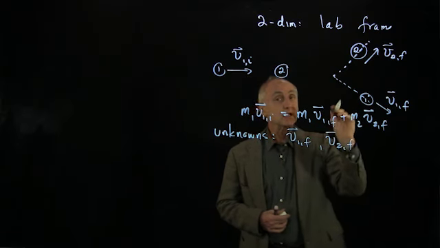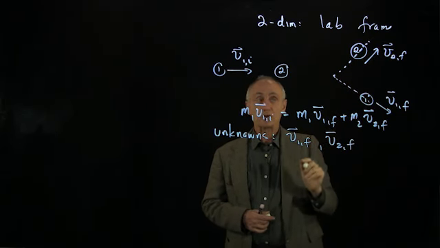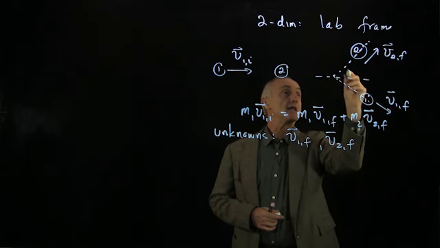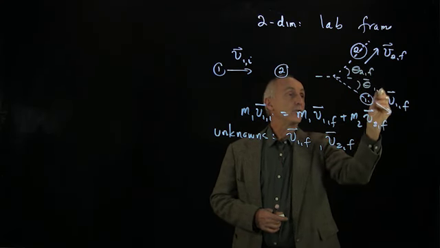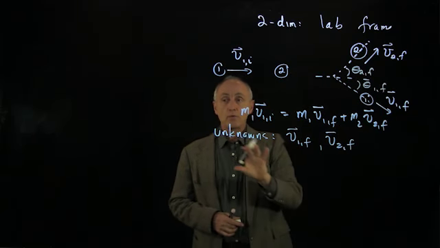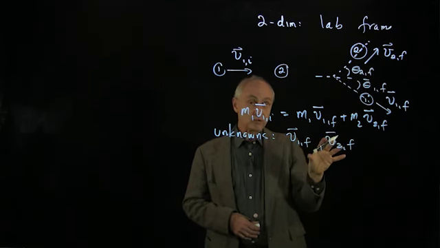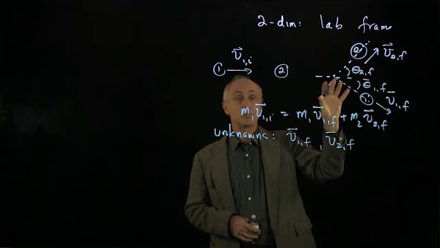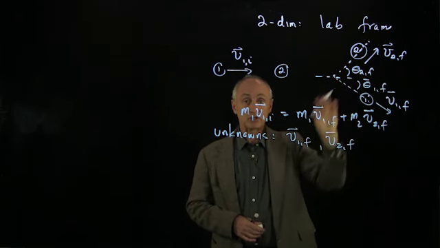Now, experimentally, we often will measure the directions of the outcoming particles, which I will now indicate by theta 2 final and theta 1 final. And so when we write our two momentum equations, we can either write it as components, or we can write it in terms of magnitudes and directions and do vector decomposition.